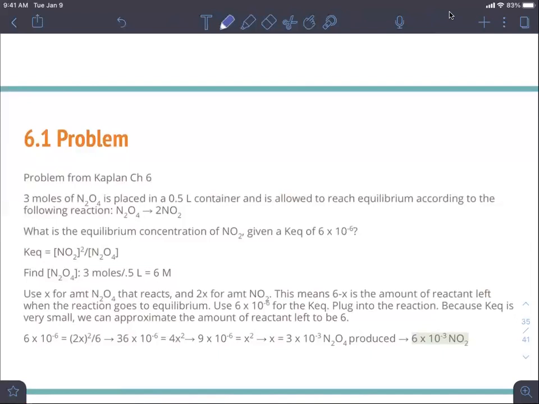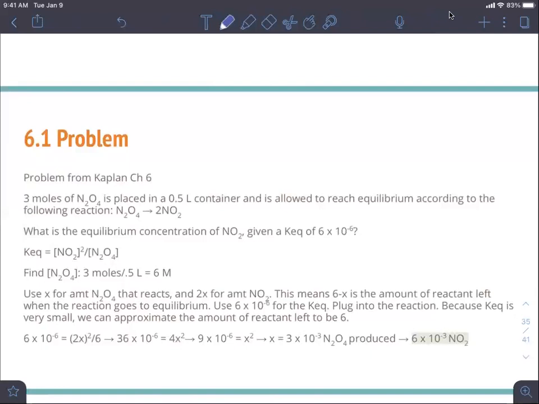And so we can just use 6 times 10 to the negative 6, which is given for equilibrium, and plug that into the reaction. We can actually do an approximation here because this K is so very small that 6 minus x is probably very, very small, so we can just estimate the amount of reactant left to be 6.